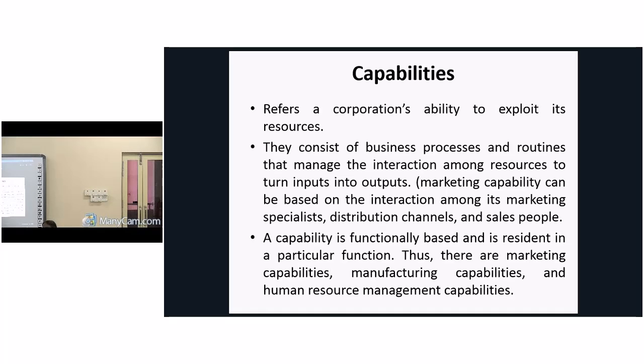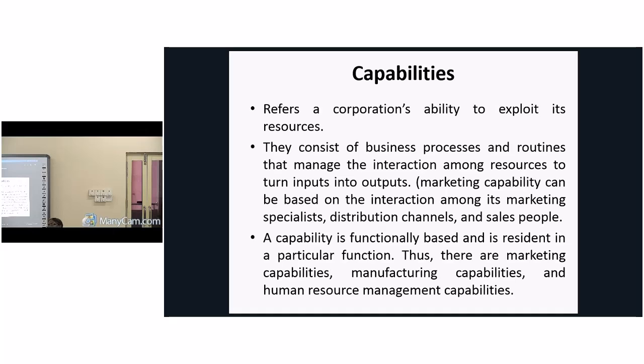There is a particular process by which you run the business. It is your capability. It consists of business processes and routines that manage the integration of resources from input to output. The process is how you convert your inputs into output.